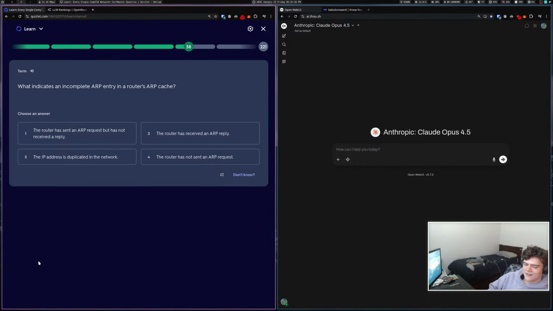What indicates an incomplete ARP entry in a router's ARP cache?